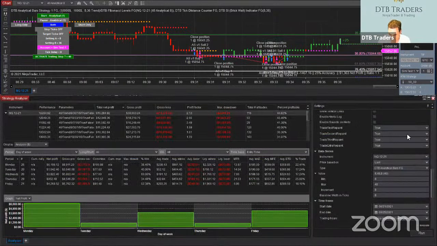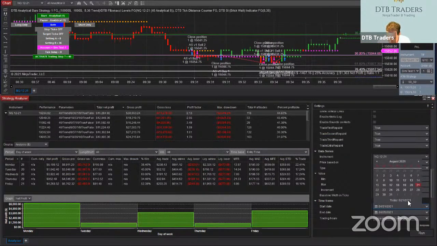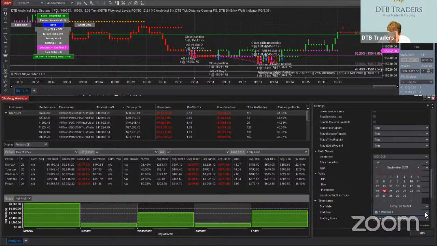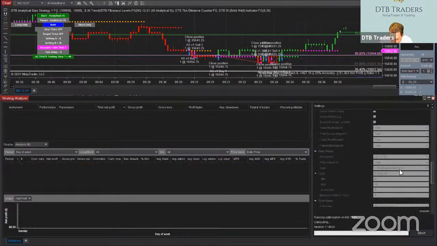Okay. All right. So I'm going to select today's date on here, which is 20th. It's 21. So 21, and I'm going to make this to 22. So 21 to 22, and then run the optimization on that.